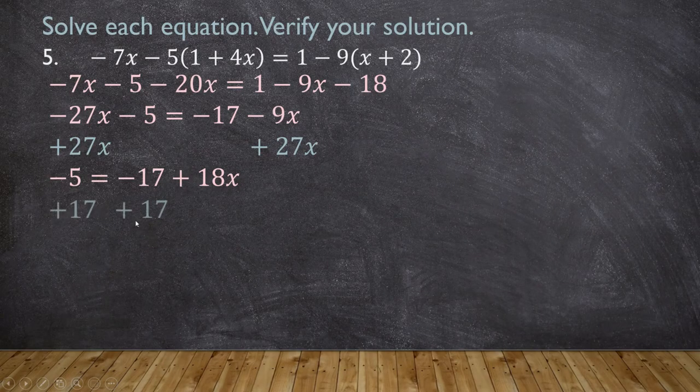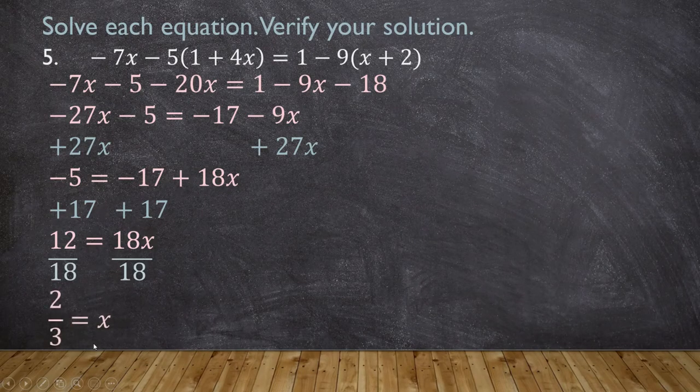Next, I would add 17 to both sides. So I'm getting 12 equals 18x, and then divide both sides by 18. 12 over 18, both 12 and 18 are divisible by 6, so we could reduce that to 2/3. Just keep in mind, you won't always get an integer answer. It's okay to get an answer that is a fraction.